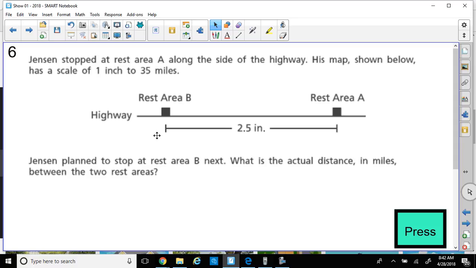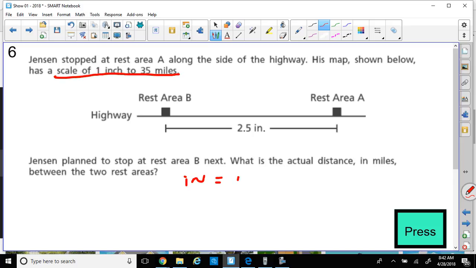Well, when they say scale, they're talking about something that they drew to represent the actual footage or mileage in this case. So you have inches being compared to miles. And I'm going to use proportions because that deals with comparisons very nicely. So I have 1 inch, which is the scale, is going to be equal to 35 miles.